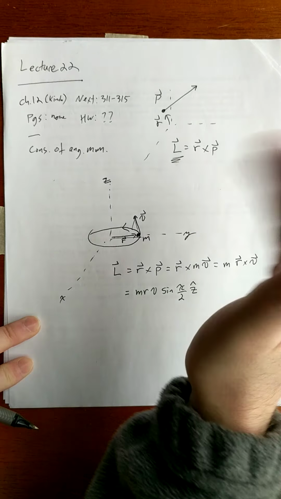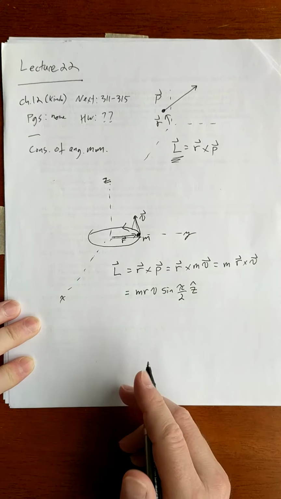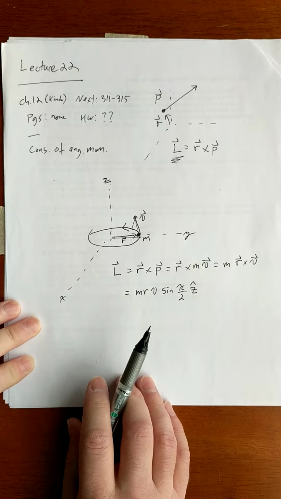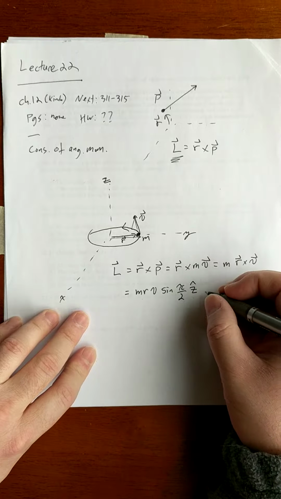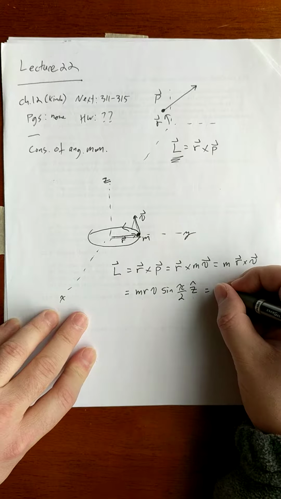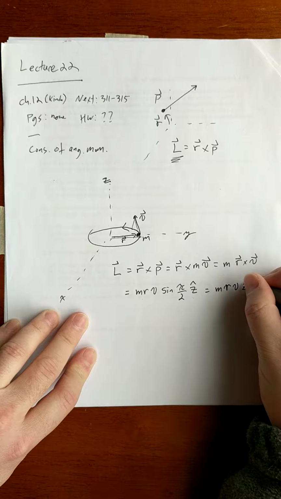I would go x cross y and get z pointing in this direction. So I have my z hat vector, and that's the direction that my angular momentum points in. This simplifies because sine of pi over 2 is just 1, so I have m r v z hat.